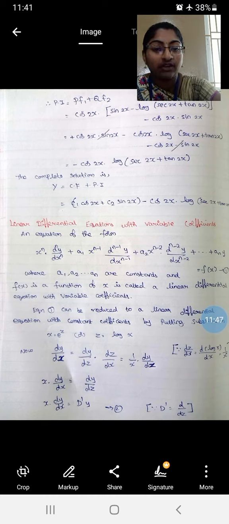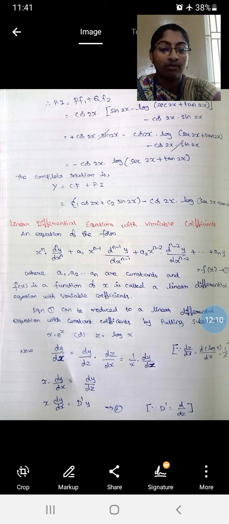So dy by dx becomes 1 by x into dy by dz. Take this x to the other side, so it becomes multiplication: x into dy by dx equal to dy by dz. I am denoting this d by dz on the right hand side as D dash. So x into dy by dx equals D dash y.